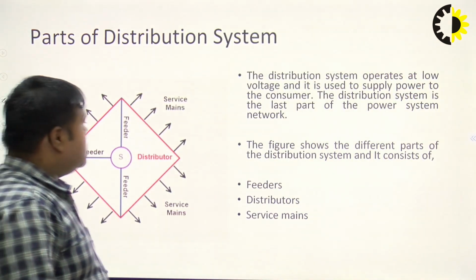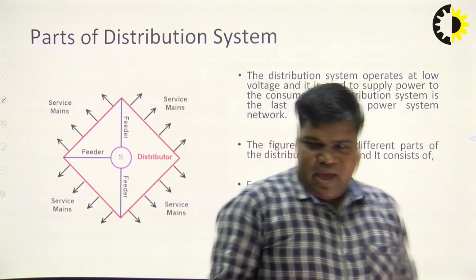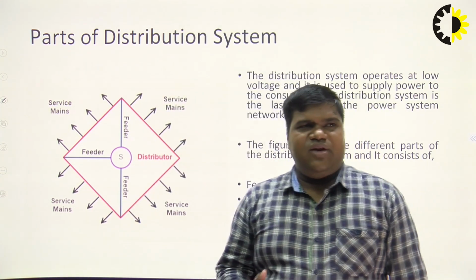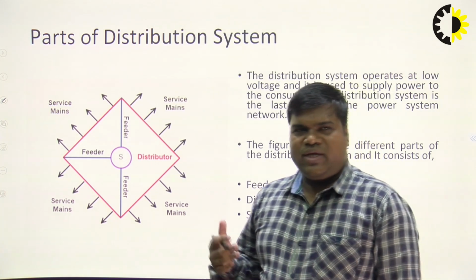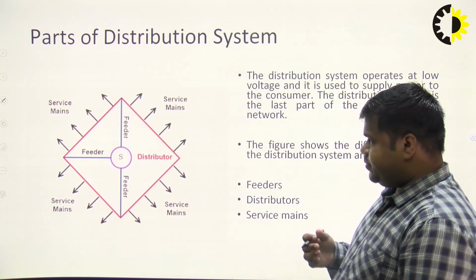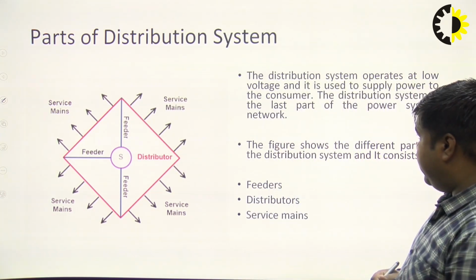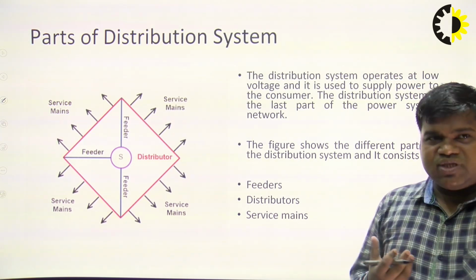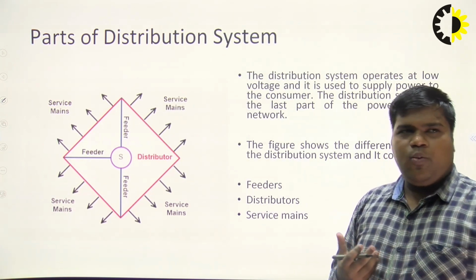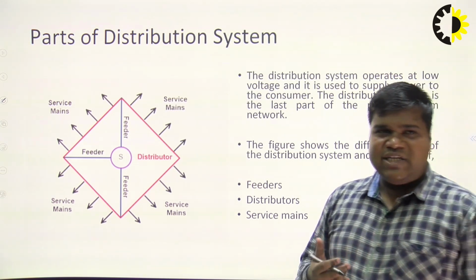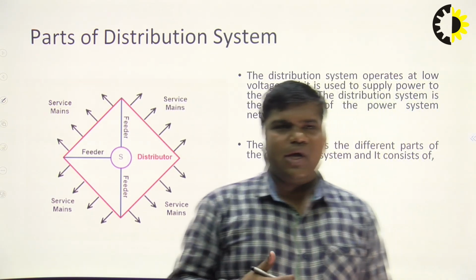Okay, so if you talk about the parts of a distribution system, I may tell that the distribution system operates at a low voltage level and it is used to supply power to the consumer side.